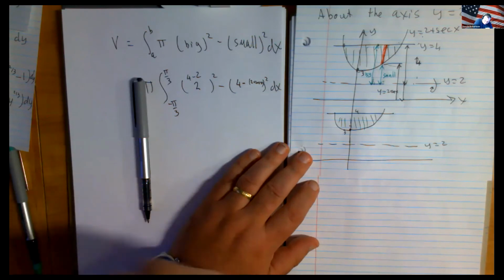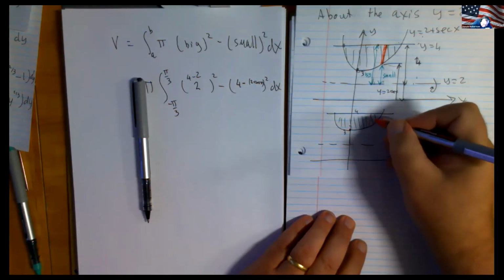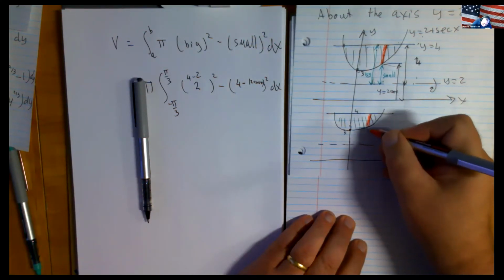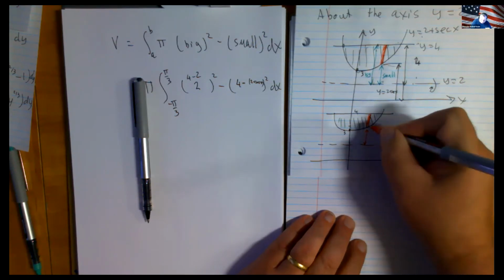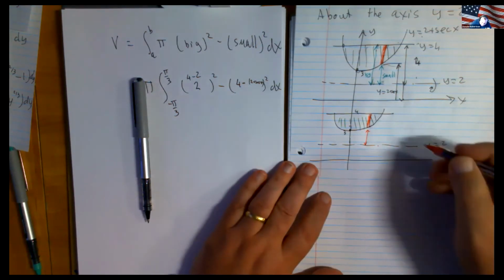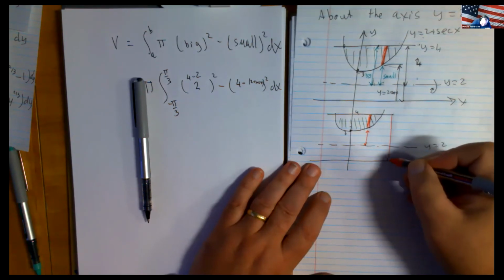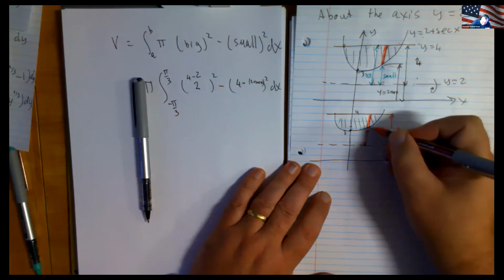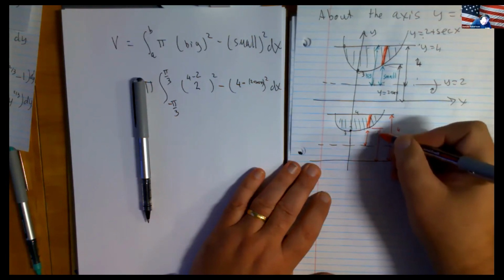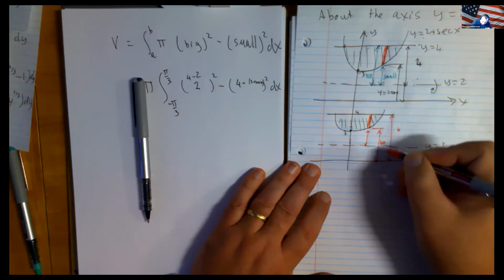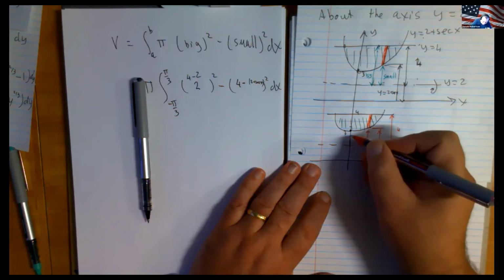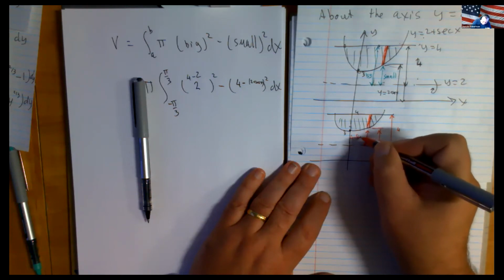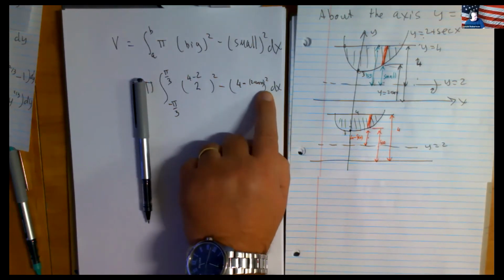We are trying to find the distance from the axis of rotation to the first curve. And what I'm saying is that that entire distance to that straight line is 4. And that distance from here to here is just the value of the function. So won't this be the difference between those two? So that's where that comes from.